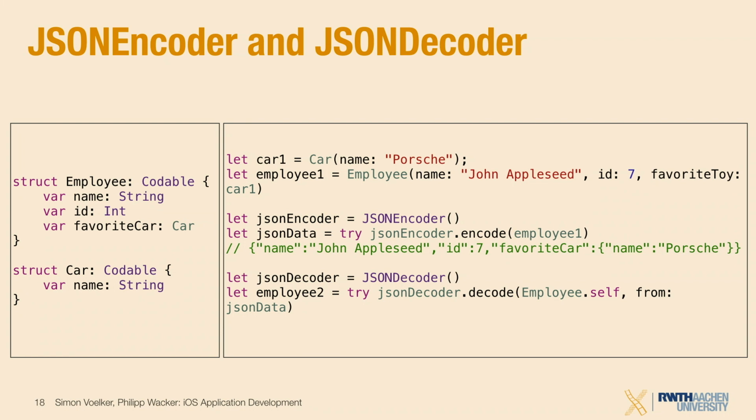How do you actually name your JSON files on the next slide? Currently, it creates this JSON file and takes the name of each value depending on the variable name. So we have name, ID, and favorite car in here, and it will take these. However, you can decide if you want to have different keys for your values in your JSON file. You can change the keys so that it looks different or fulfills a certain API, and your data structure in your code should be different from your JSON file.